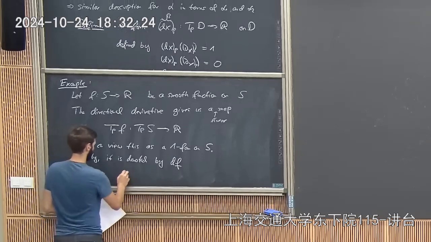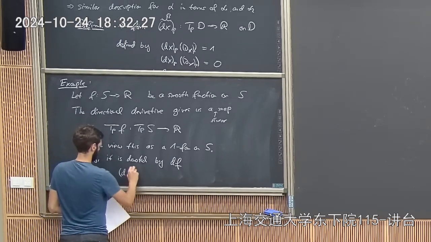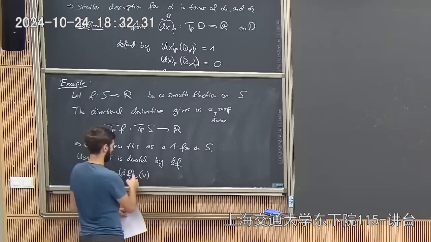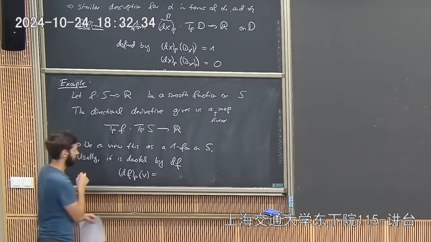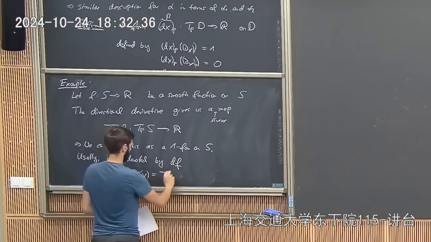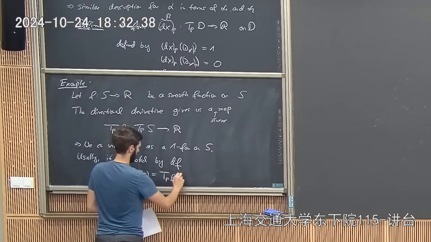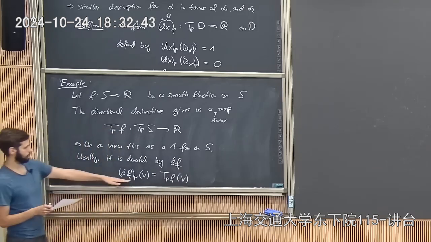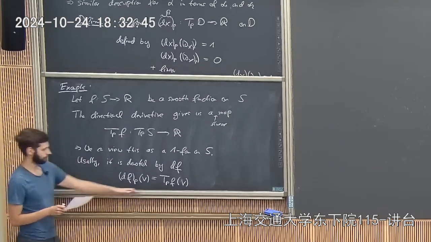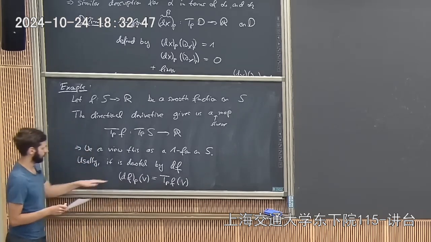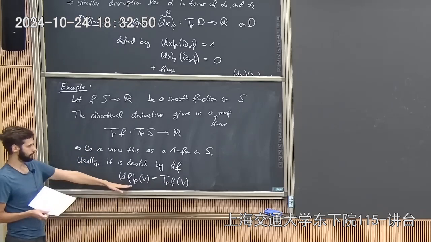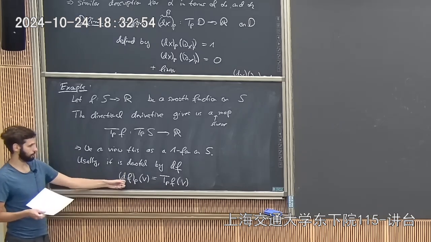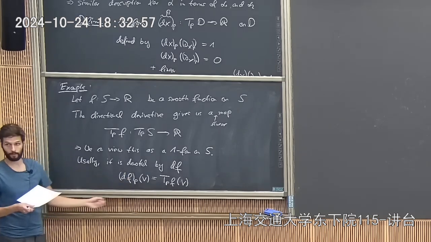And what this means is that df at the point P eats a tangent vector because it's a differential one form. And the way it is defined is that we take the directional derivative of f with respect to v to get a number. So it's essentially the same data as the directional derivative. It's just that people prefer to write df instead of T f.